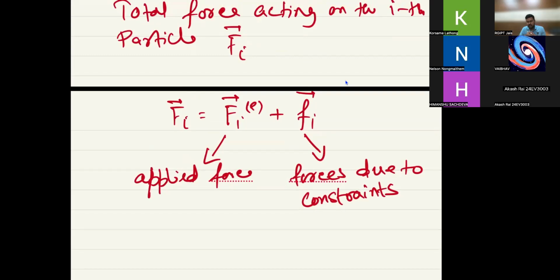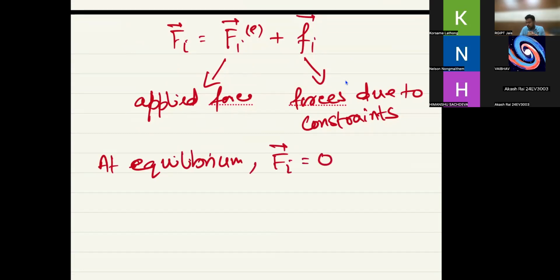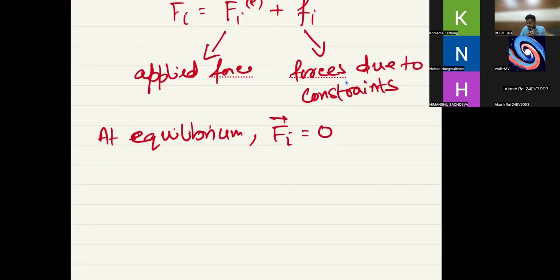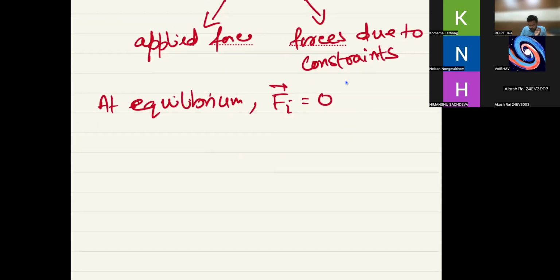Now when the system is in equilibrium, the total force acting on the ith particle, or any particle, should be equal to 0. So if the system is at equilibrium, then Fi should be equal to 0. Now you can see how much work this force Fi is doing in creating the virtual displacement delta Ri. That is called virtual work.